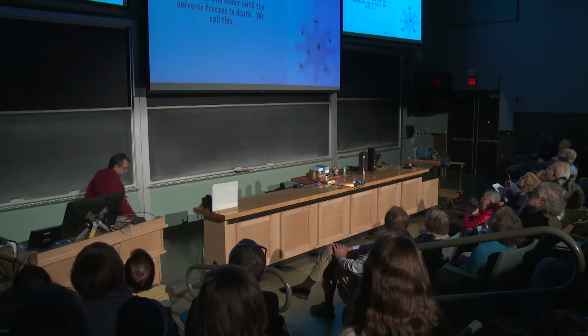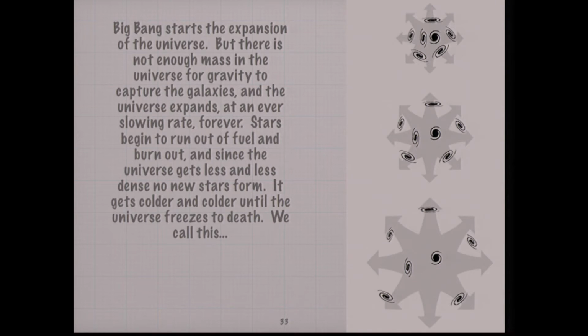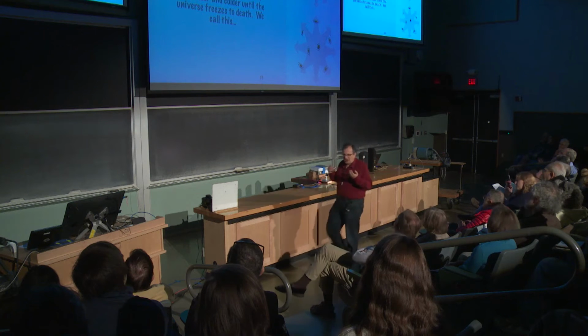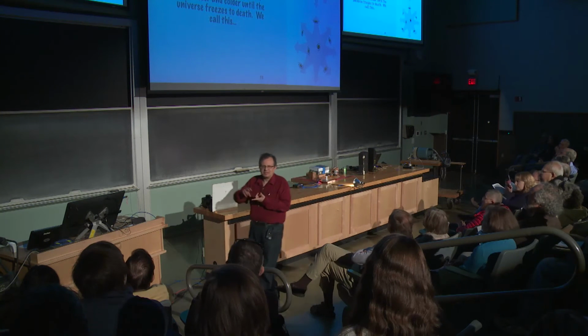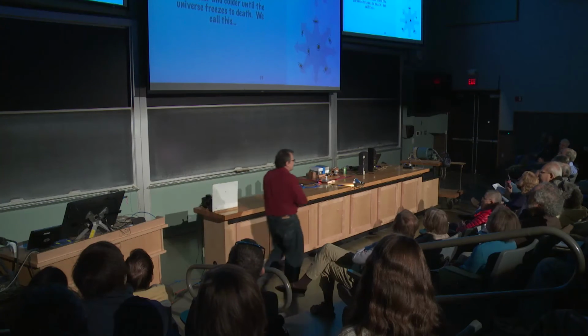The other possibility is the expansion is too much for gravity. The galaxies just keep running away. It keeps going slower and slower and slower, but it never stops. And the universe becomes less and less dense. Stars, although they live a long time, will start to burn out. I've showed you that.